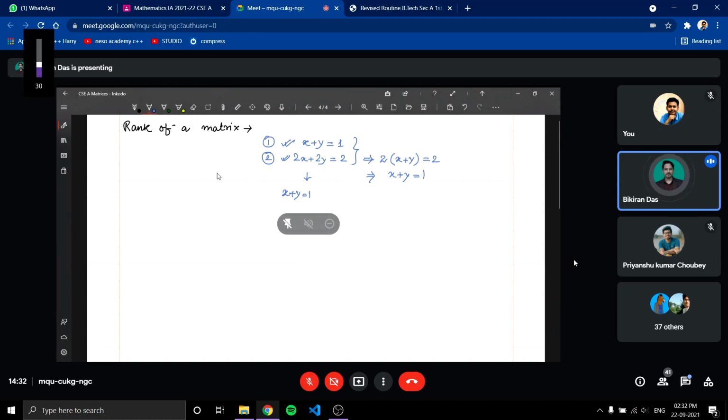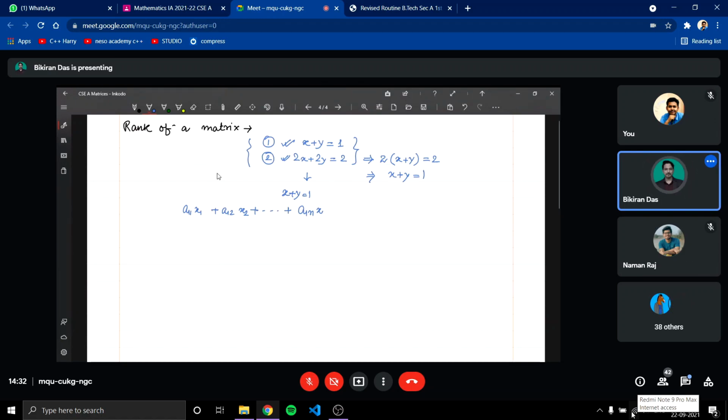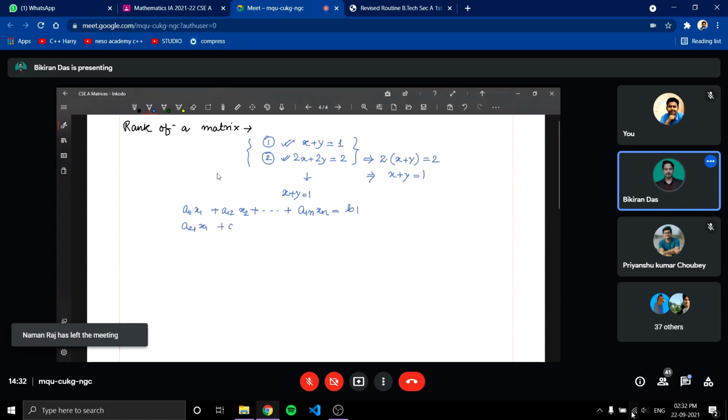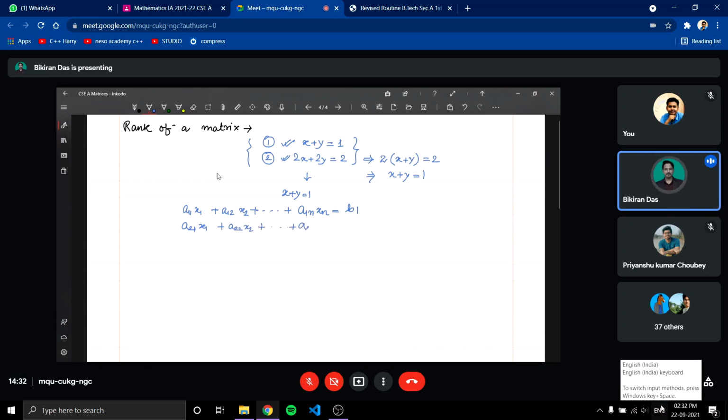So if this type of equations are given, suppose we're given a system of equations, say a11 x1 plus a12 x2 plus dot dot dot plus a1n xn is equal to b1, a21 x1 plus a22 x2 plus dot dot dot plus a2n xn is equal to b2.